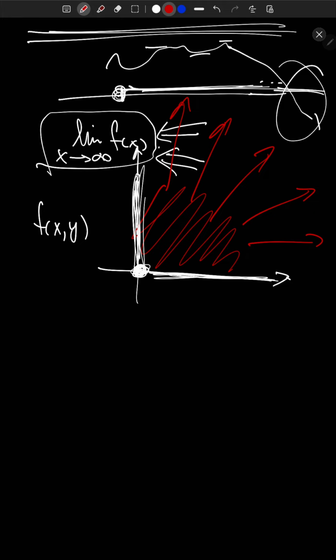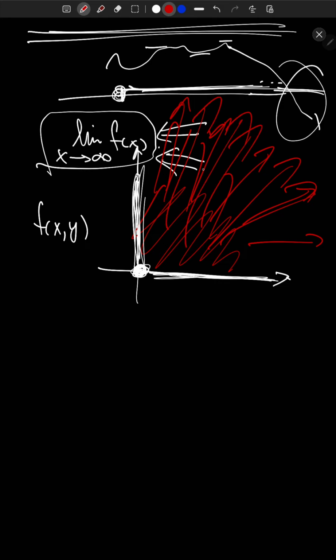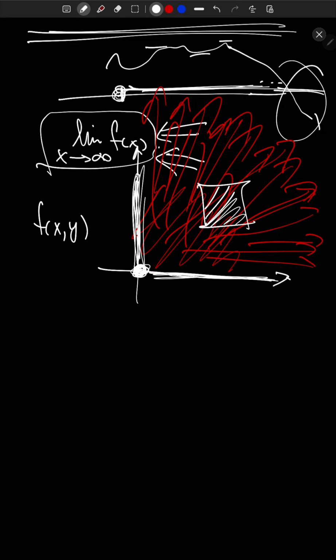So that's a huge problem in practice because there's an infinite number of directions in which we can travel. And any of those directions might be important in terms of the absolute max or min of my function. So what we're going to do in our class is either have problems where it's obvious that as I go out to infinity, my max or min is not going to be there, or we're going to see problems where we restrict ourselves to a region which is nice and bounded.